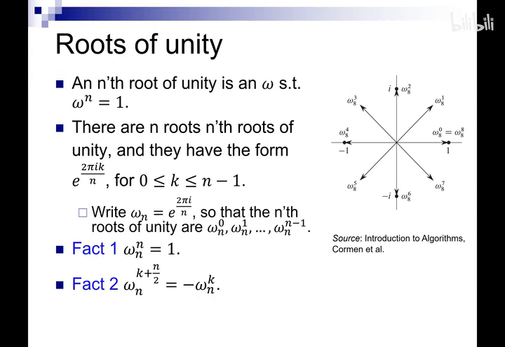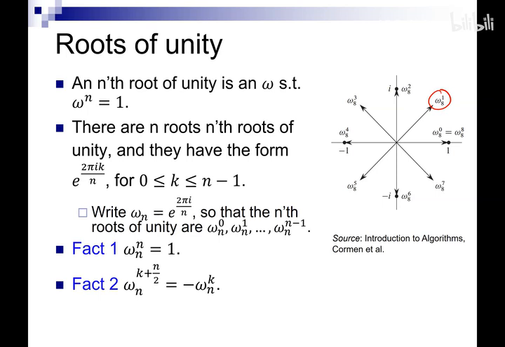Now if you add n over 2 to the exponent, that moves you by n over 2 solutions, which moves you halfway around the circle. And you see that when this happens, you get the negative of the value that you started with. For example, if we're talking about omega n to the first power, like this value over here, now omega n to the 1 plus n over 2, in this case n is going to be 8 over here.